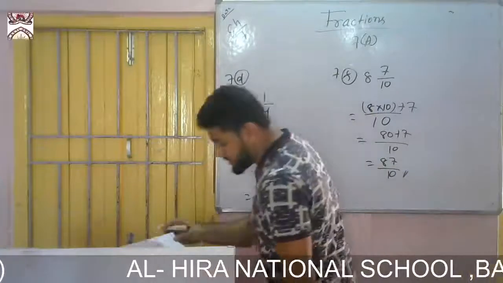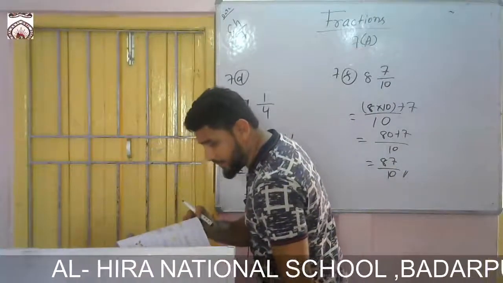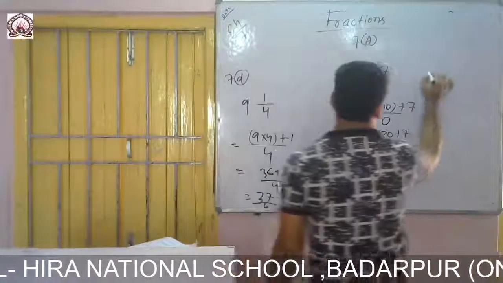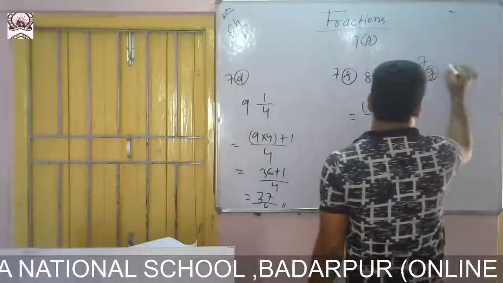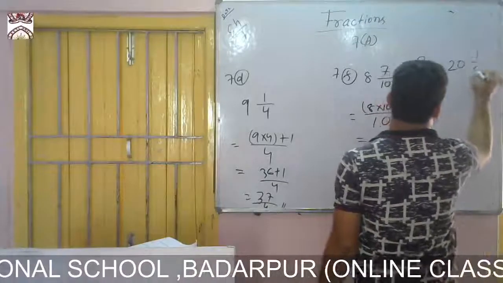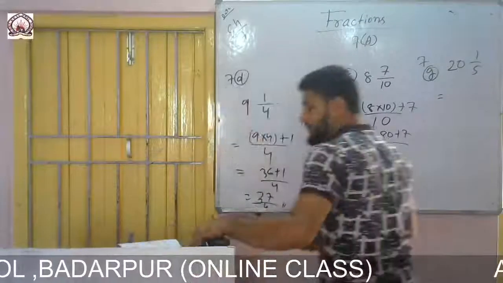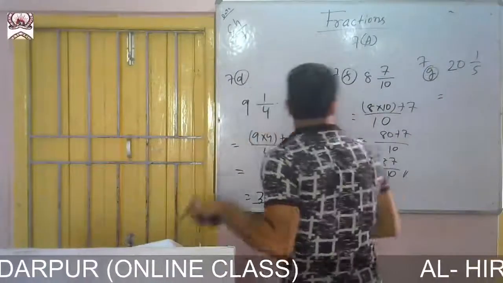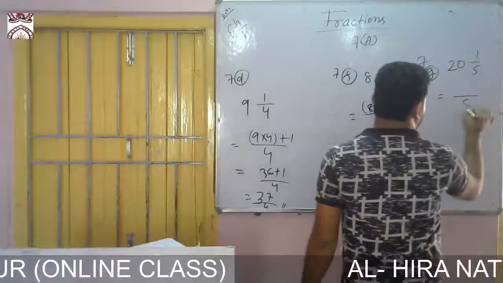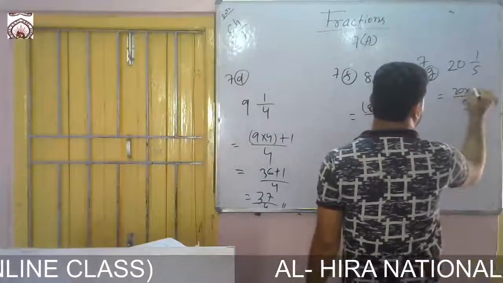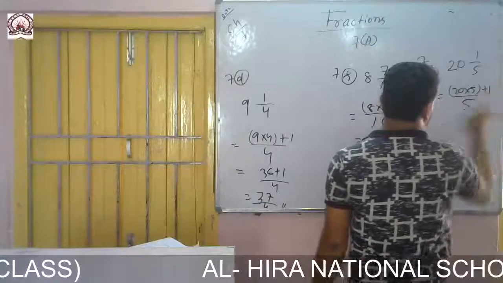The last one is number G, 21 by 5. So 5 will remain as the denominator. 5 twenties into 5 plus 1.